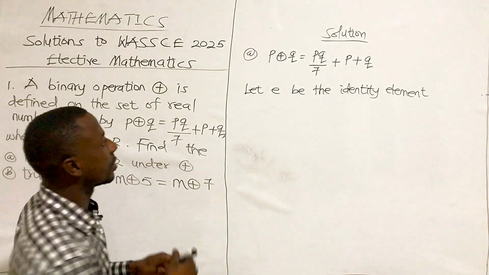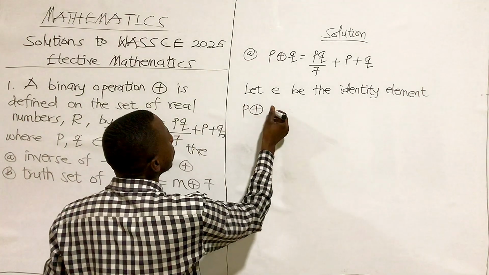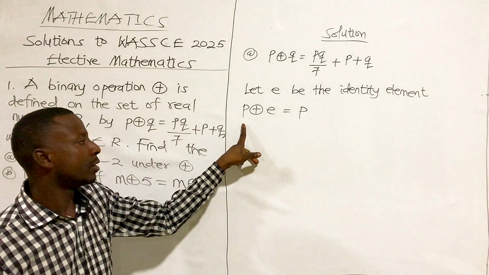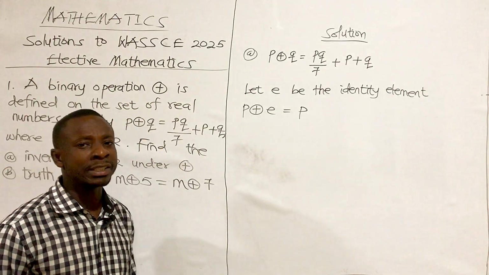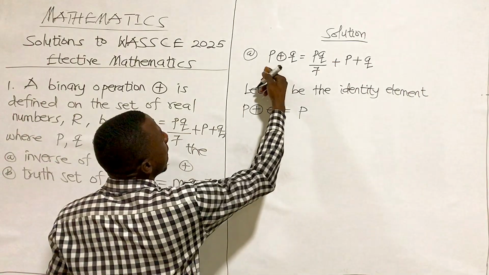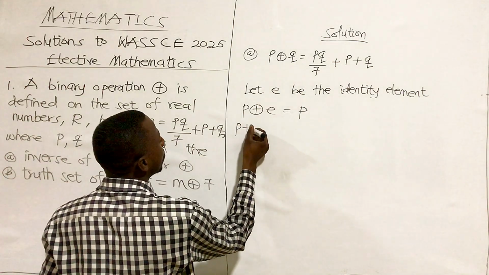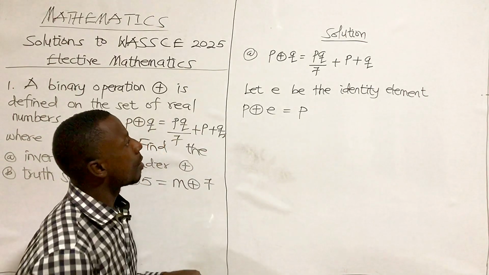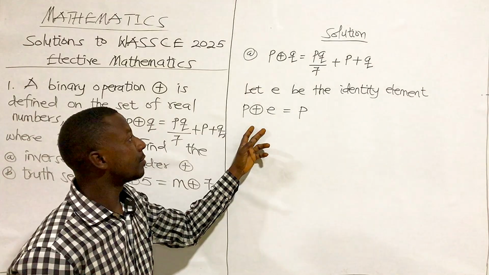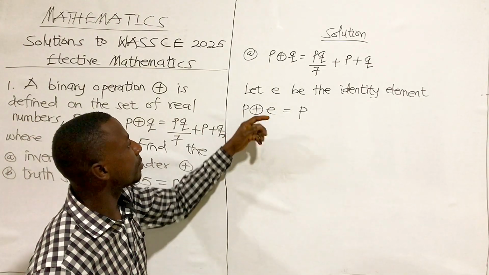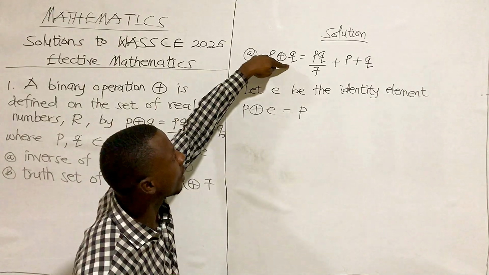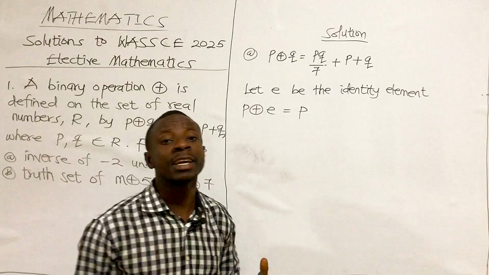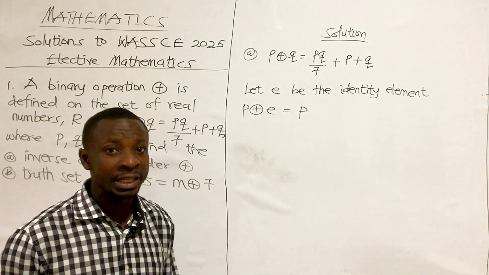So from here, P circle plus E is always equal to the variable. So P circle plus E is always equal to P. By comparison, P is P, but when you look here, Q is now E. So anywhere I see Q, I am going to substitute E there.